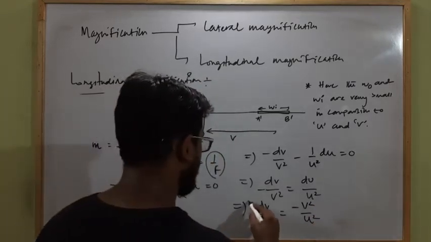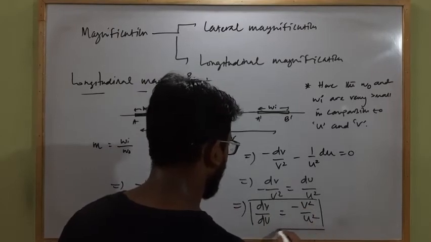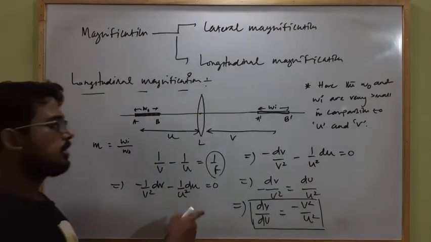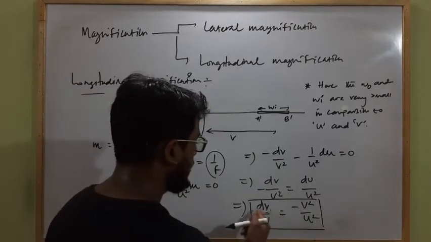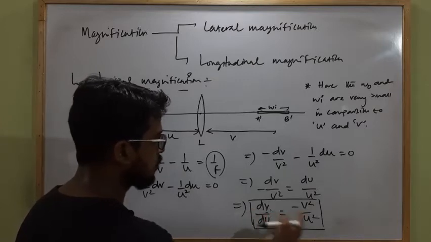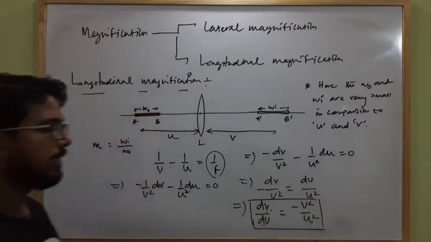Clear? So this is the expression for longitudinal magnification. dv, the change in image distance divided by change in object distance, will be equal to minus v square by u square.